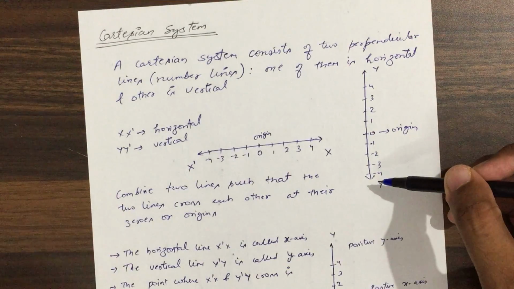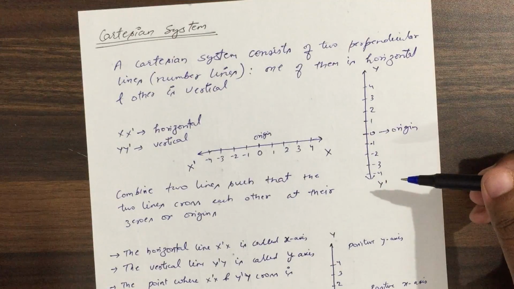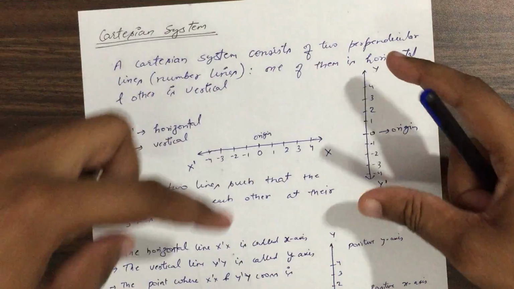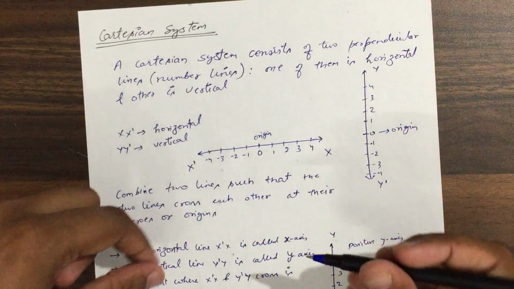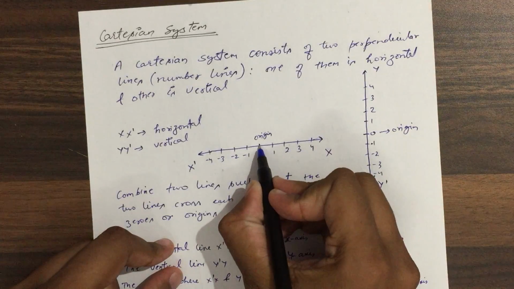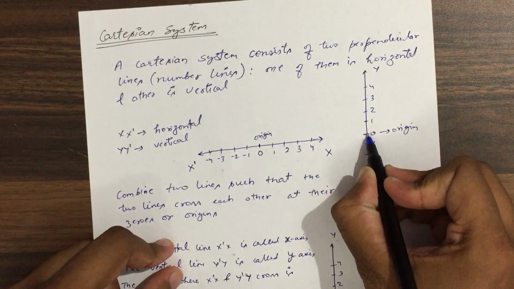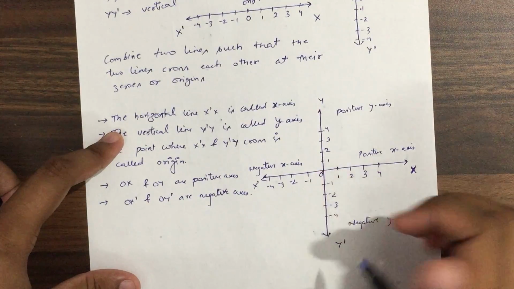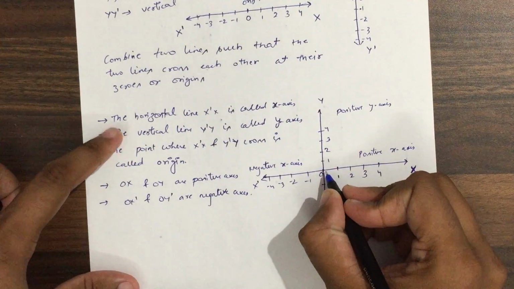Now how will we develop the Cartesian system? Actually we will combine these two horizontal and vertical lines in such a way that their origins coincide. This is the origin of the horizontal line and this is the origin of the vertical line. Now we will place them in such a way that their origins coincide.